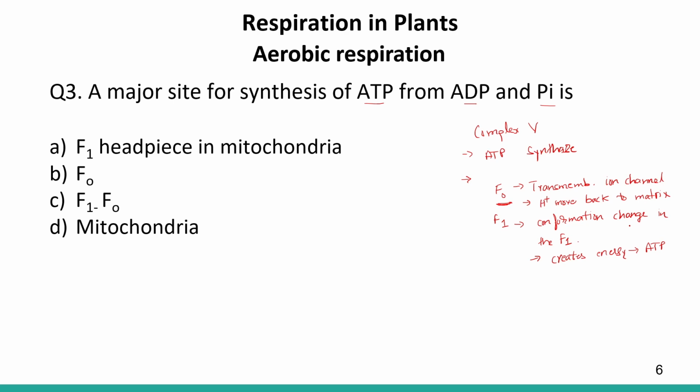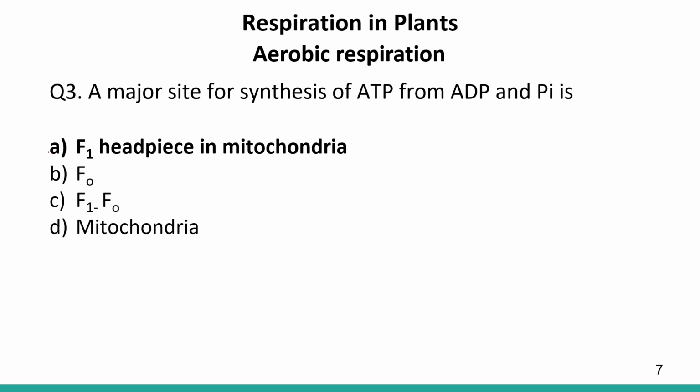So options are F1, which is also known as the headpiece, second option F0, third F1 and F0, fourth mitochondria. So what should be the answer? F1. Option A is the correct answer. F1 is involved in the synthesis of ATP. F0 acts as a channel only.